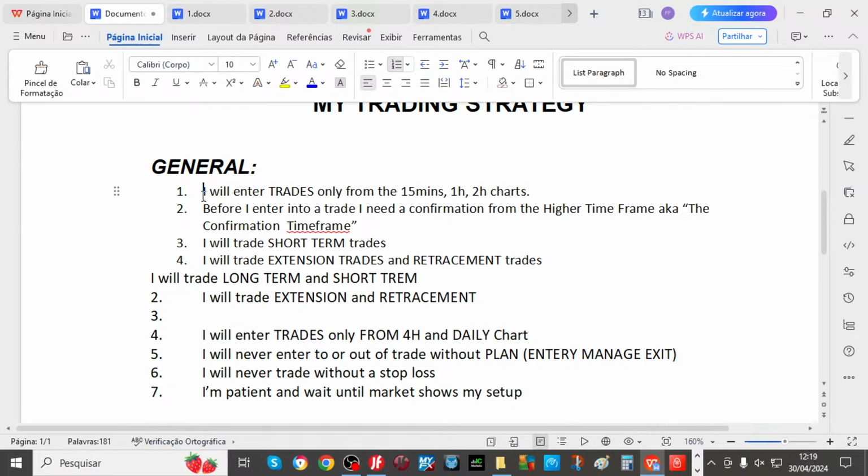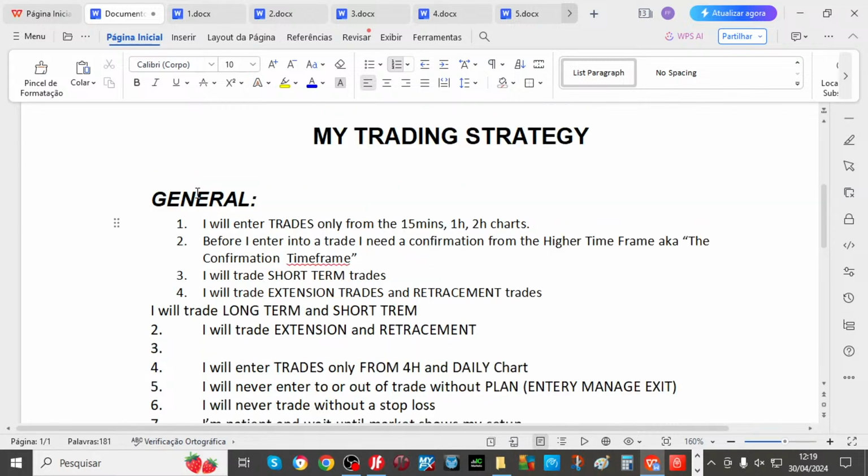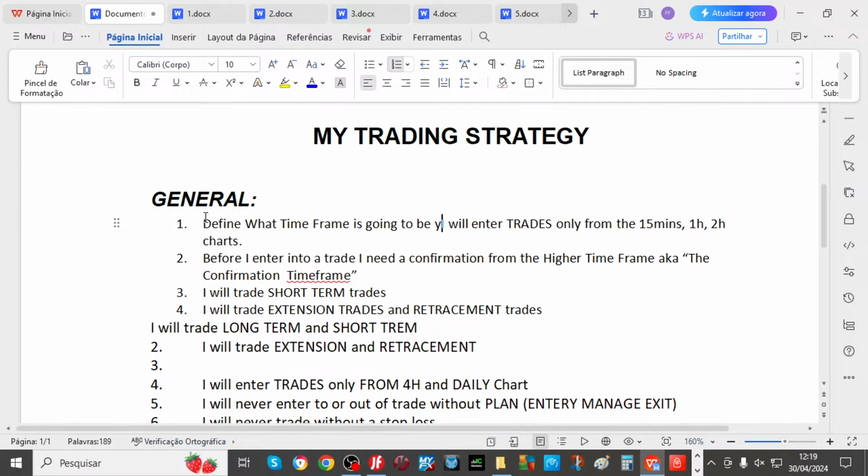So the title is My Trading Strategy, subtitle number one is general. Point number one, define what time frame is going to be your trading time frame.